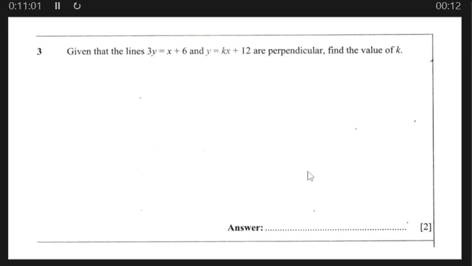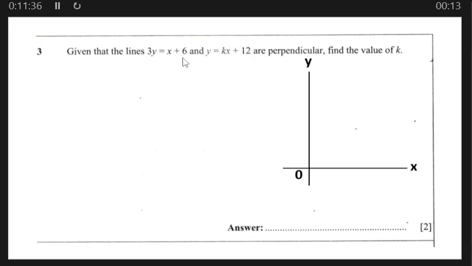So let me just demonstrate what it means to be perpendicular to each other. Let's say we have the x-axis here, then we have also the y-axis here, then let's have the origin here as 0. Then we have 3y is equal to x plus 6 and y is equal to kx plus 12. So these values here represent the y-intercept.